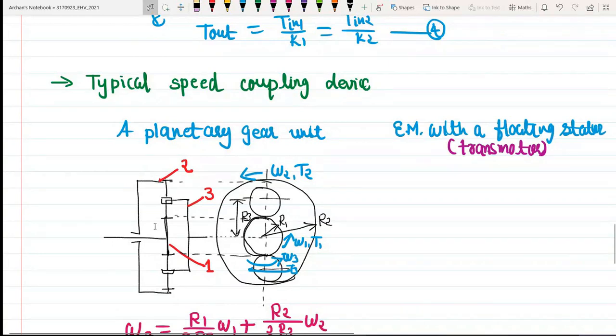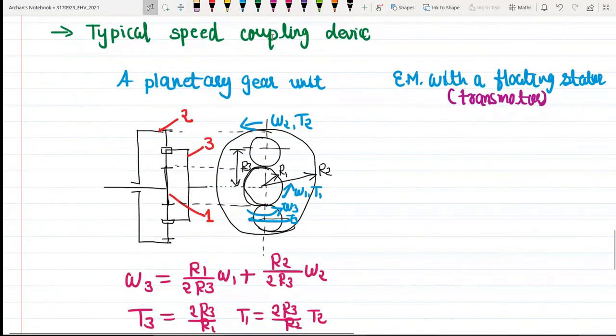And then there is another possibility, which is nothing but the electrical motor with a floating stator, right? So what do you mean by this floating stator now? See, we have a 3-phase motor over here. This is the shaft of the motor.